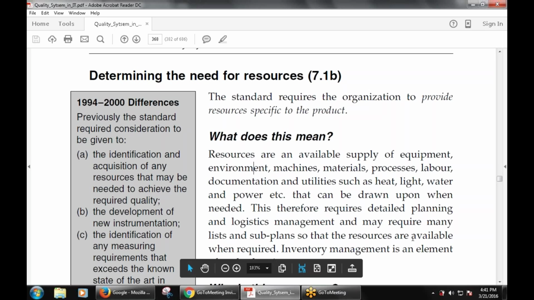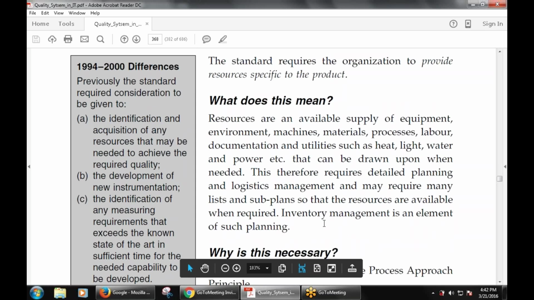This therefore requires the detailed planning and the logistic management, so that the resources are available.